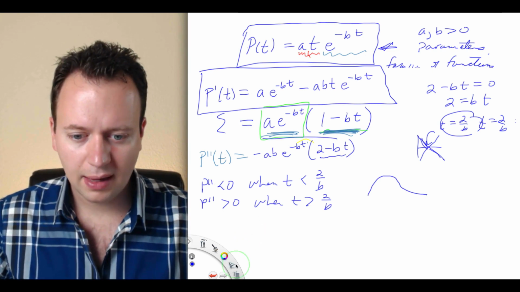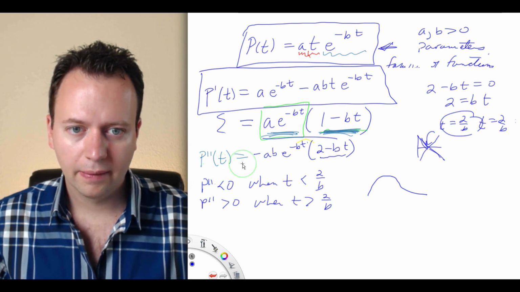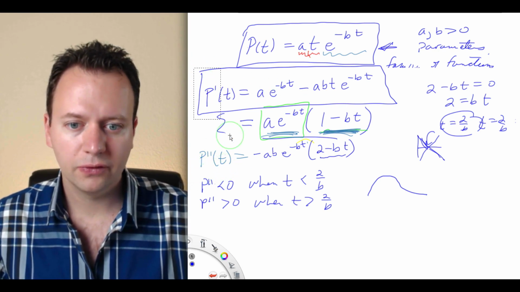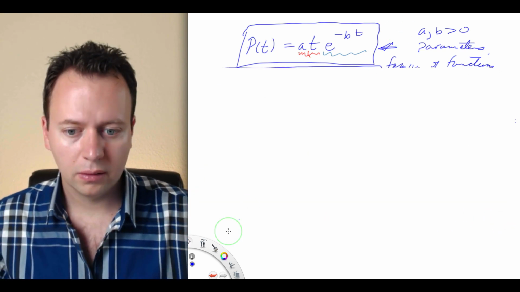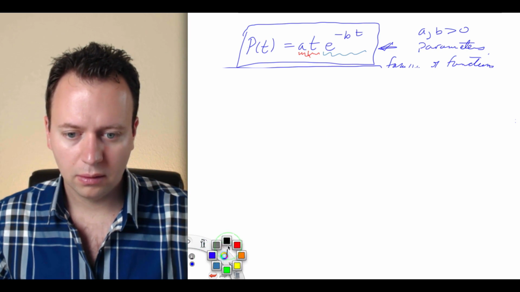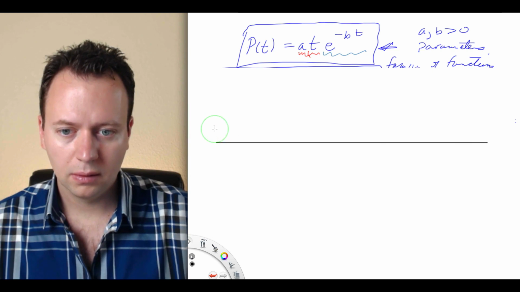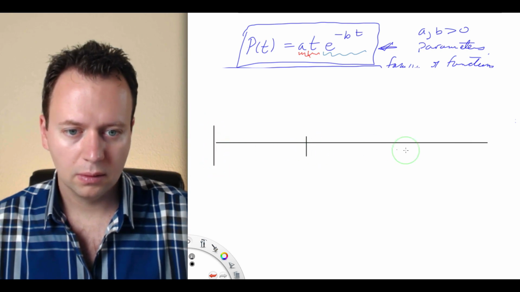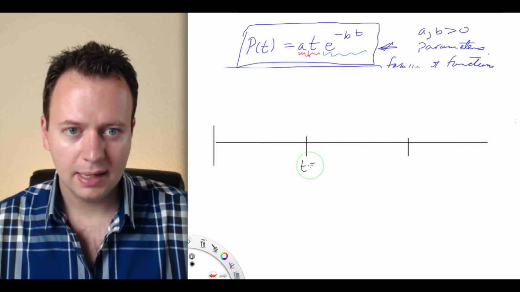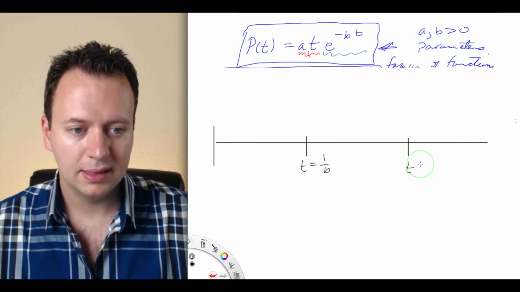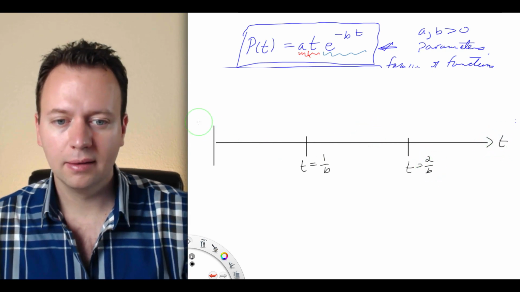So we remember all of these results. If we're going to make a chart with all of this, this is at t is equal to 1 over b, and then t is equal to 2 over b.